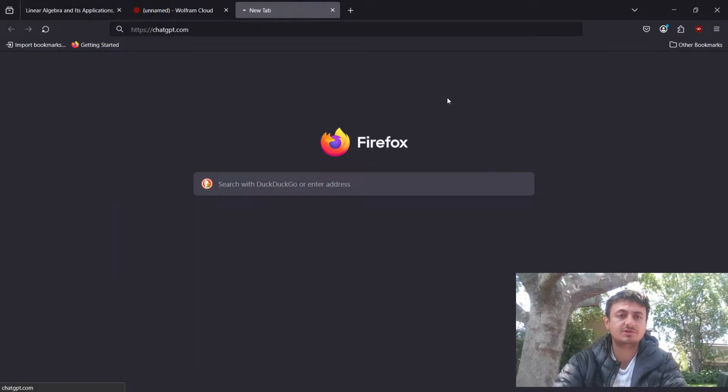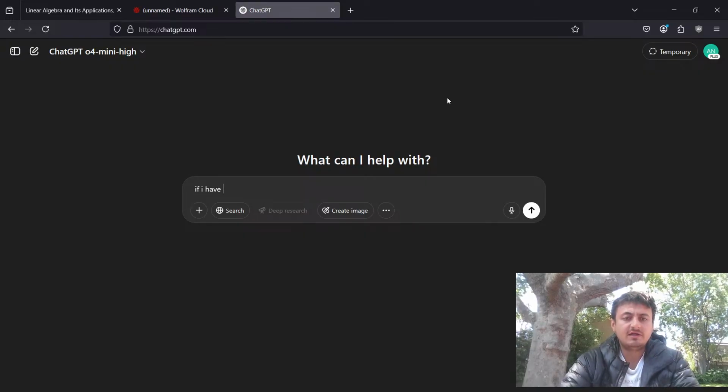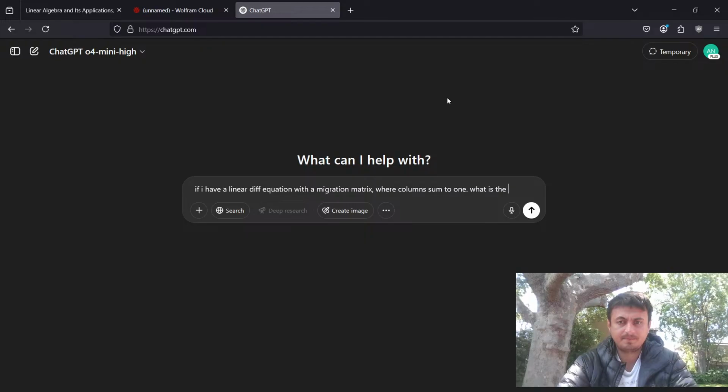All right, so let's go to ChatGPT, bro. So if I have a linear difference equation with a migration matrix where columns sum to 1, what is the steady state?